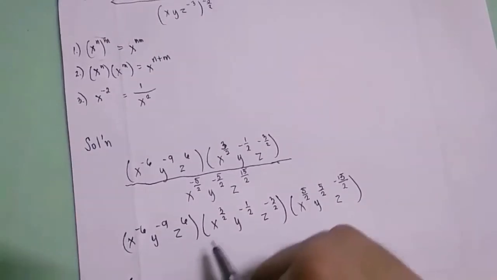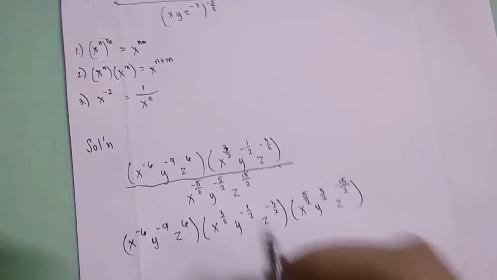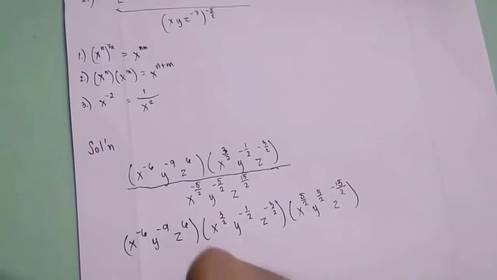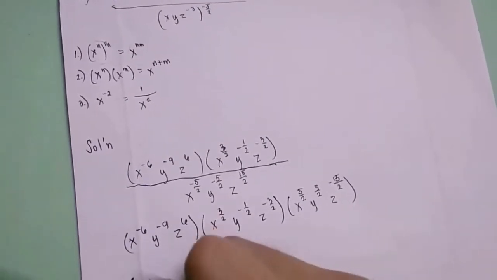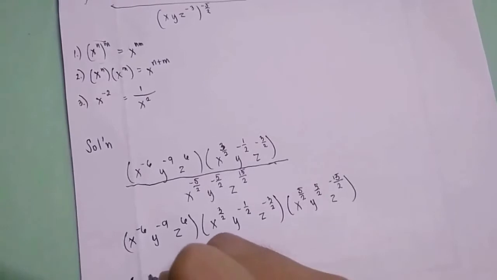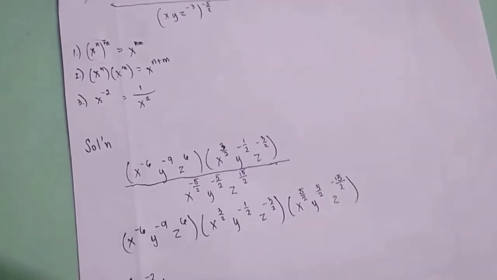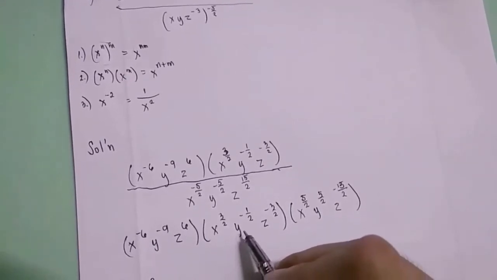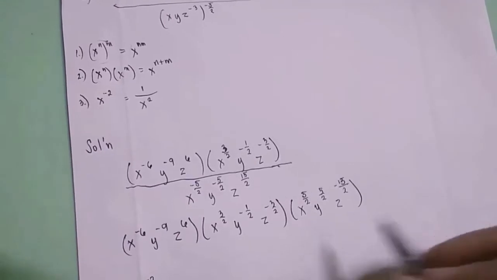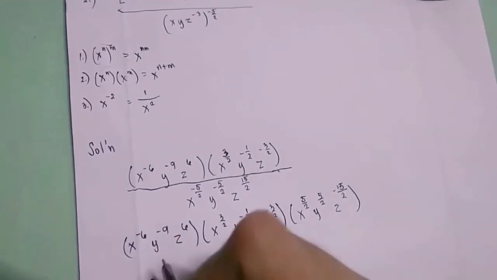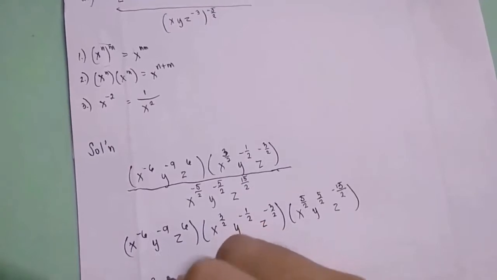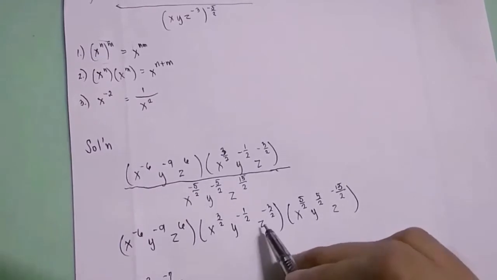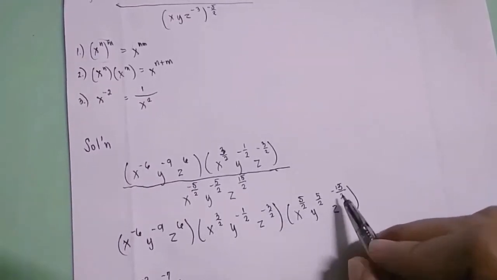x raised to negative 6 times x raised to 3 halves times x raised to 5 halves. The answer is equal to x raised to negative 2. Then y raised to negative 9 multiplied by y raised to negative 1 half multiplied by y raised to 5 halves. And the answer is equal to y raised to negative 7. And z raised to 6 multiplied by z raised to negative 3 halves, and z raised to negative 15 halves.